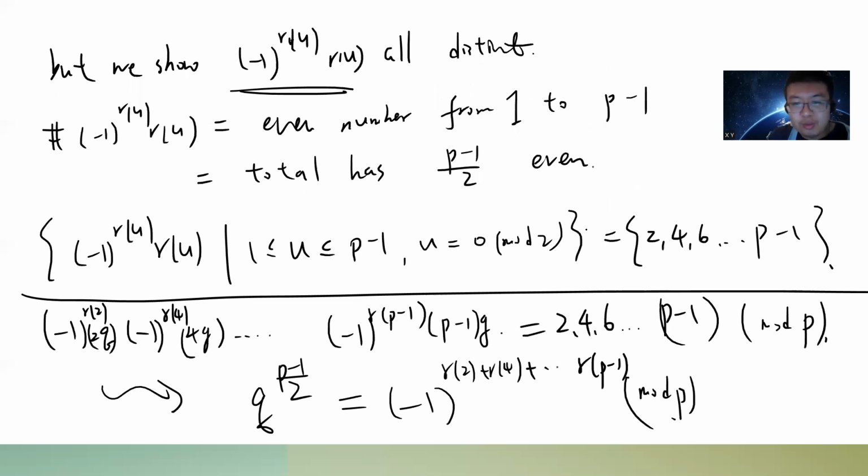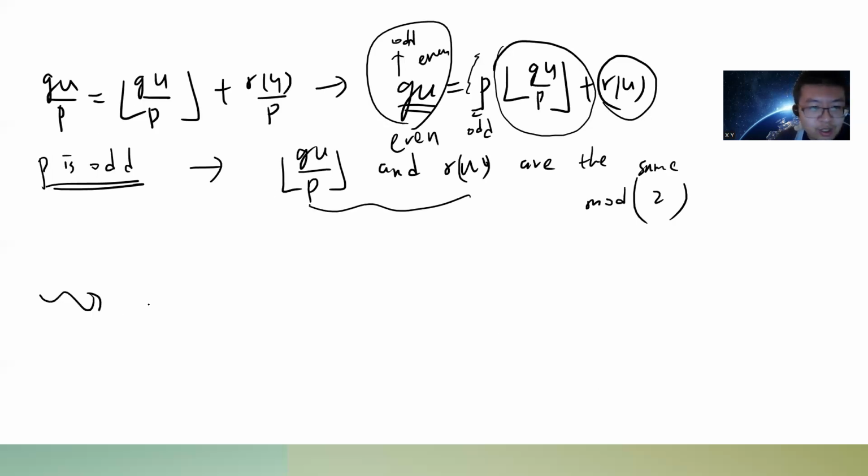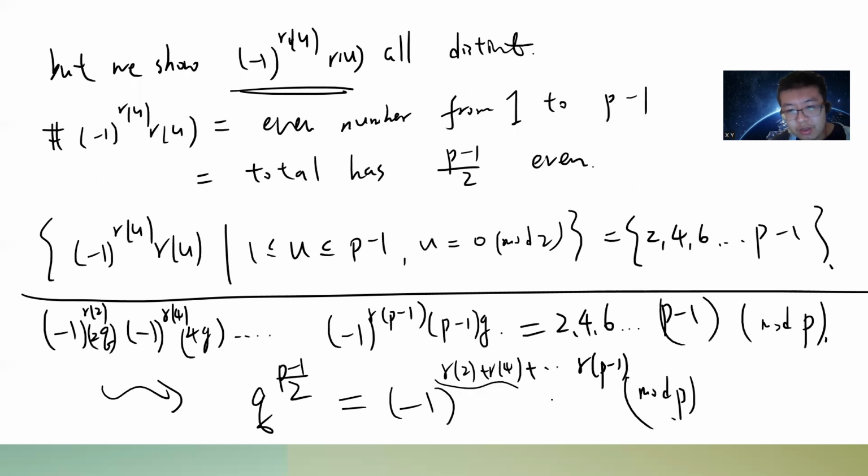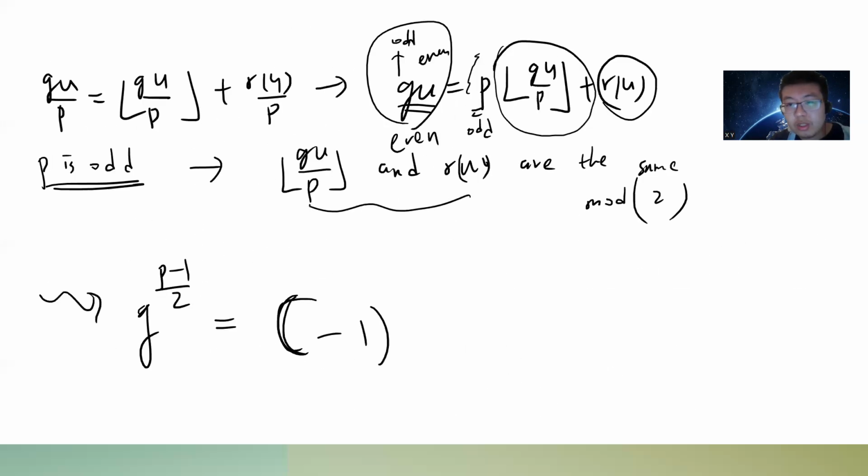So this gives me really weird results. This proves that Q to the P minus 1 divided by 2 is just minus 1 to the sum of RU. And what is the sum of RU?